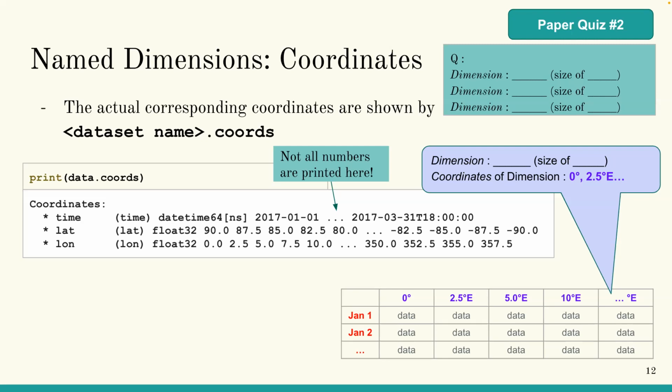So if you print that the ordinary way, it will give you a reverse map, the latitude will be reversed. That's okay, but you have to remember this. For longitude, it's the normal way, starting from 0.